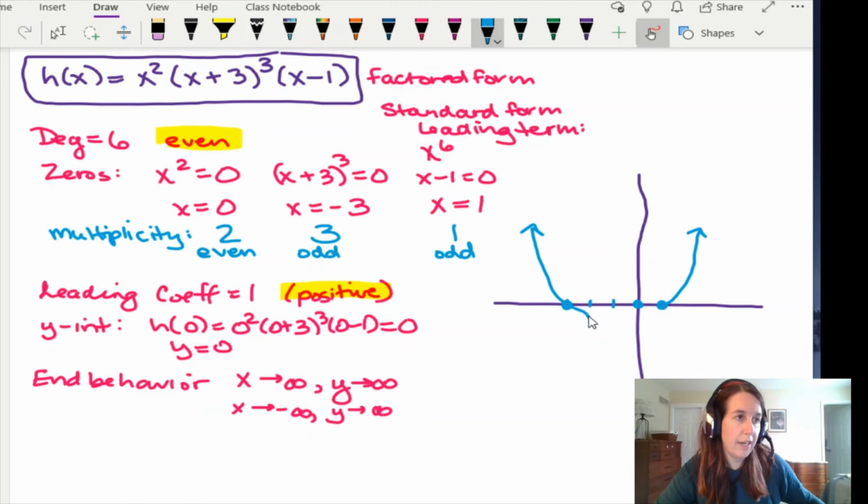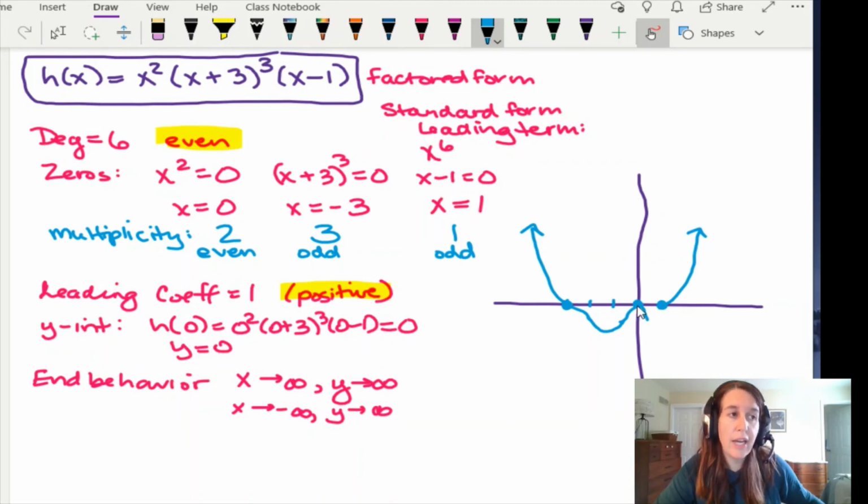Now we're going to go down to a minimum, and then we're going to come back up to this zero. And what has to happen there is this is x equals 0. That's the even multiplicity. The multiplicity is 2. So it's going to look like a degree 2 function right there, like a little mini parabola.